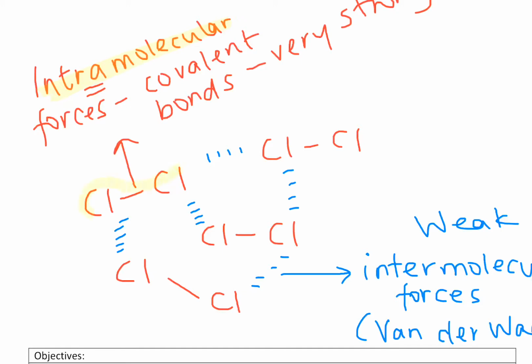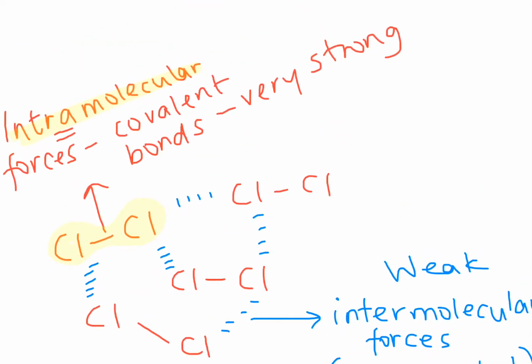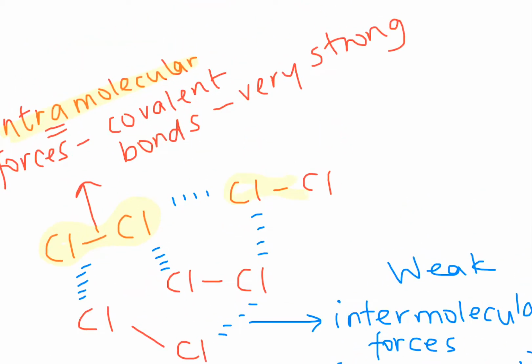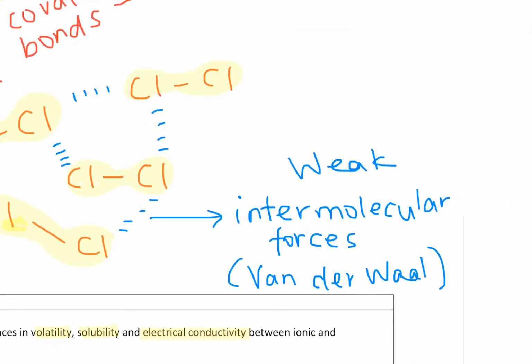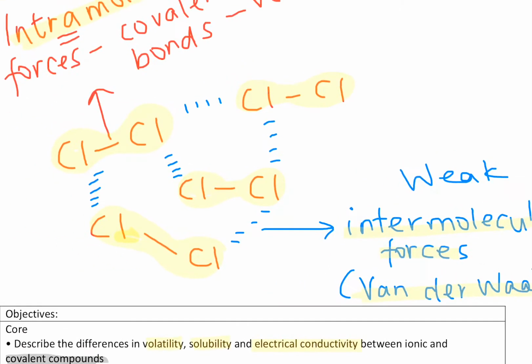So this is a molecule of chlorine gas. Inside the molecule there are covalent bonds which are very strong, and between the molecules there are very weak interactions, weak intermolecular forces. These are called van der Waals forces, and these interactions can be easily broken.